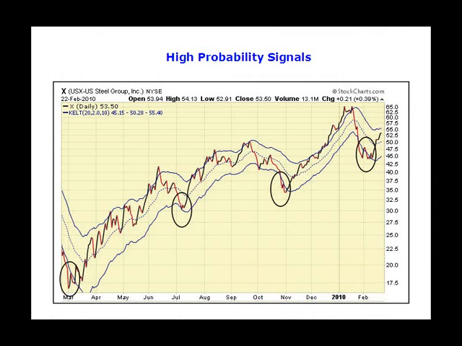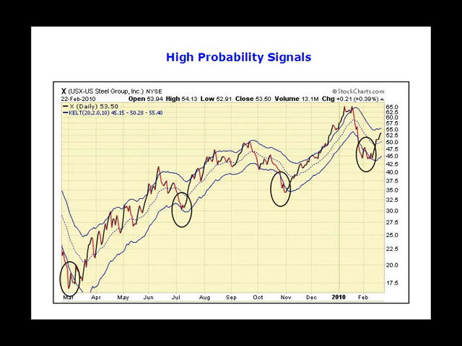So let's take a look at a few more examples of how we can use the Keltner channels to help us time our entry point. This is a price graph of U.S. steel, and whenever the U.S. steel stock closes below the lower Keltner channel, there was a significant rally following this oversold condition.